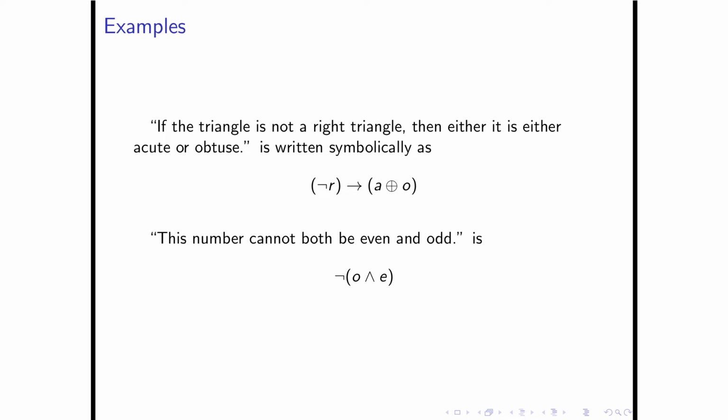So let's see another example of going from a specific proposition to its abstract symbolic form. We could take this proposition: "If the triangle is not a right triangle, then..." Already we can say that this is going to be a conditional sentence. The main structure of the proposition is conditional, and the antecedent is that the triangle is not a right triangle.